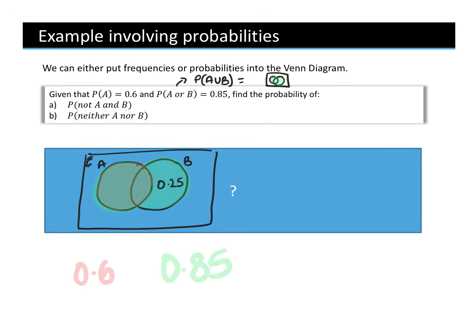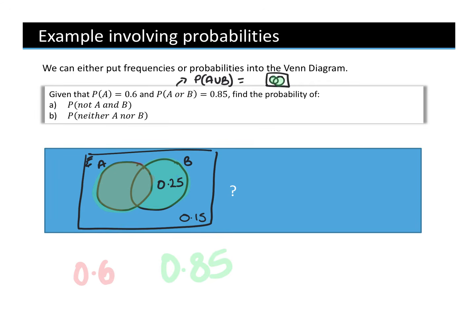Now we also know the probability of A union B is 0.85. So actually we are able to figure out the probability of the universal set on the outside, neither A or B, is going to be a whole one, take away 0.85, which is 0.15. Because remember the probabilities within this Venn diagram, all of them need to add up to 1.